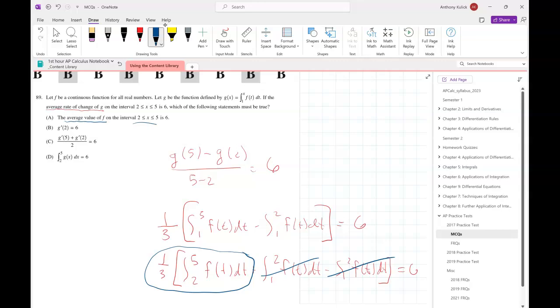And what I'm left with, the hard part to recognize, is that that's the average value of f on the interval 2 to 5. Maybe if I'd left the 3 as 5 minus 2, it's maybe more obvious. That was a tough one. I thought that was the hardest thing in this set of multiple choices.